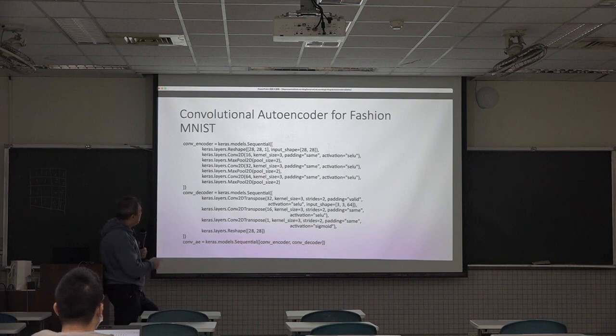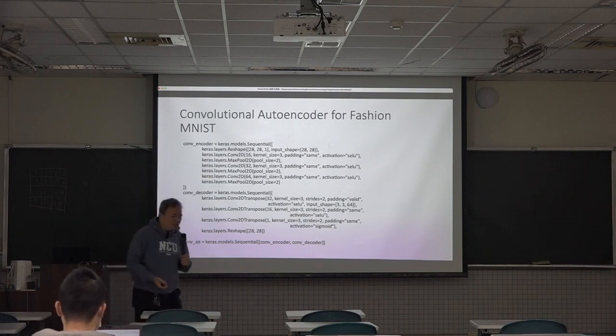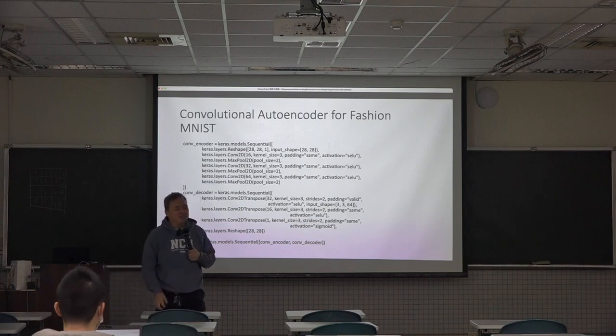Then we have 64 feature maps with the same arguments, and we reduce the dimension further by 2 on both width and height. This is our encoder.